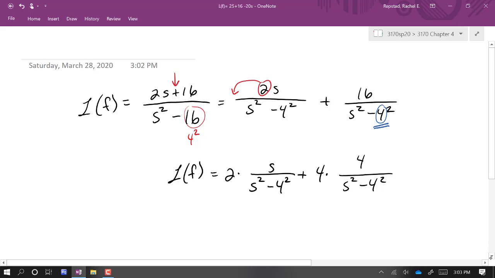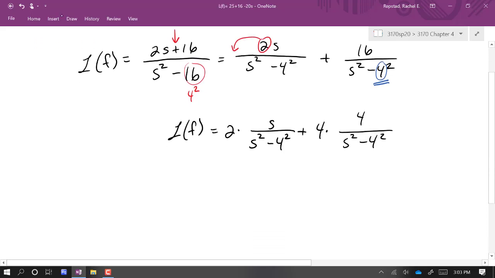And now we can use that table. If you use that table, you'll find that this part here is the transform for hyperbolic cosine of 4t, and this part here with the 4 on top is the hyperbolic sine of 4t.